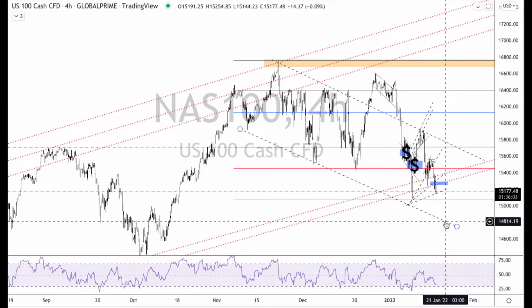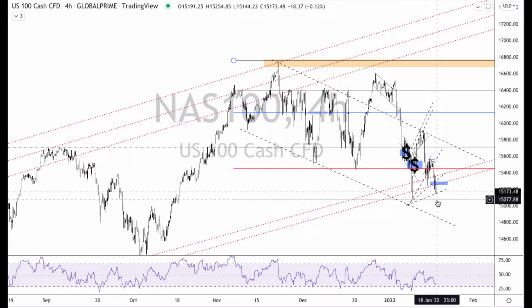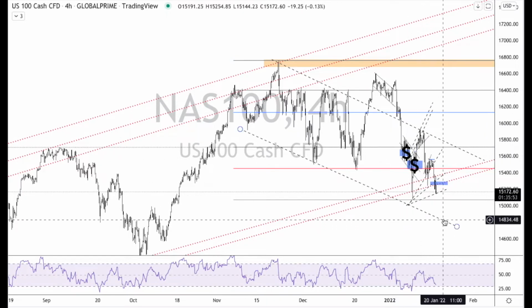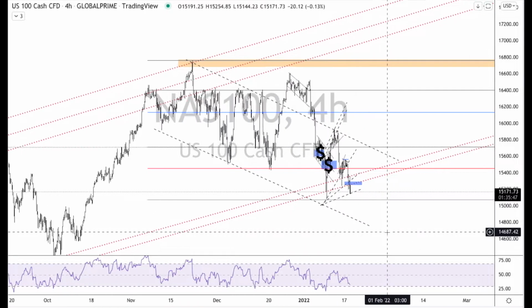I kid you not, it is hurting. But like I said, I was too premature when I jumped in, and it gave me a bit of a spike up, and now it's coming back down. So I've got to protect all of that, and also look for new opportunities as well. So that's what's going on here at the moment in regards to the NAS.